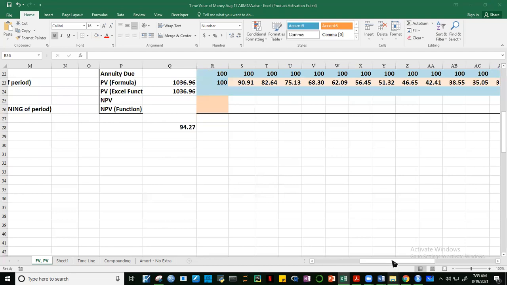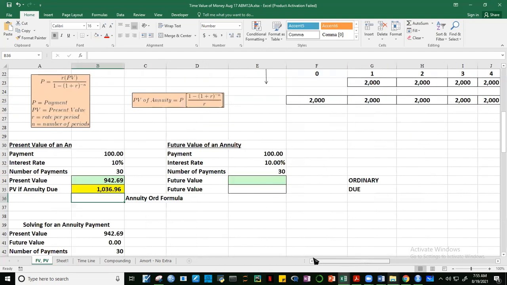Okay, now, for an annuity, guys, pwede natin kunin yung future value, no? Pwedeng present value, pwedeng future value, basta mga equivalent yan. Okay, any cash flow, guys, pwede natin kunin either yung present value niya or future value, whether it's a single amount, single cash flow, or an annuity.